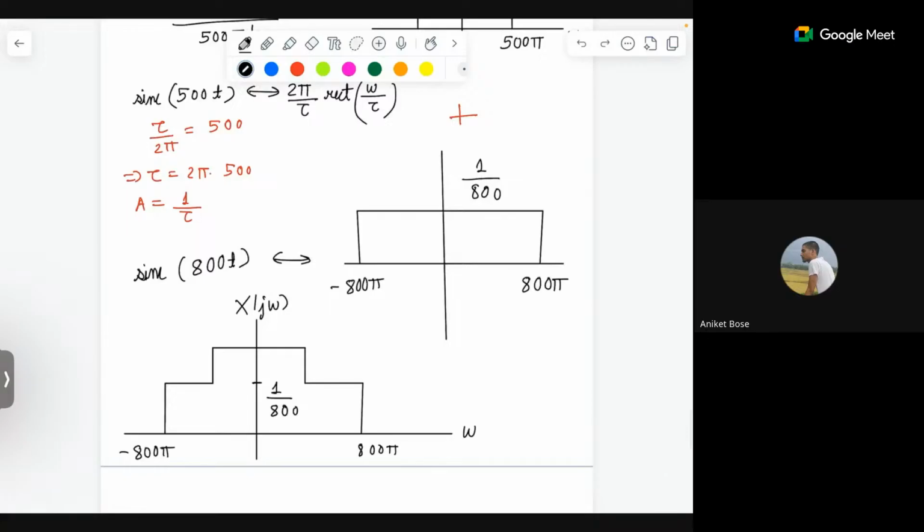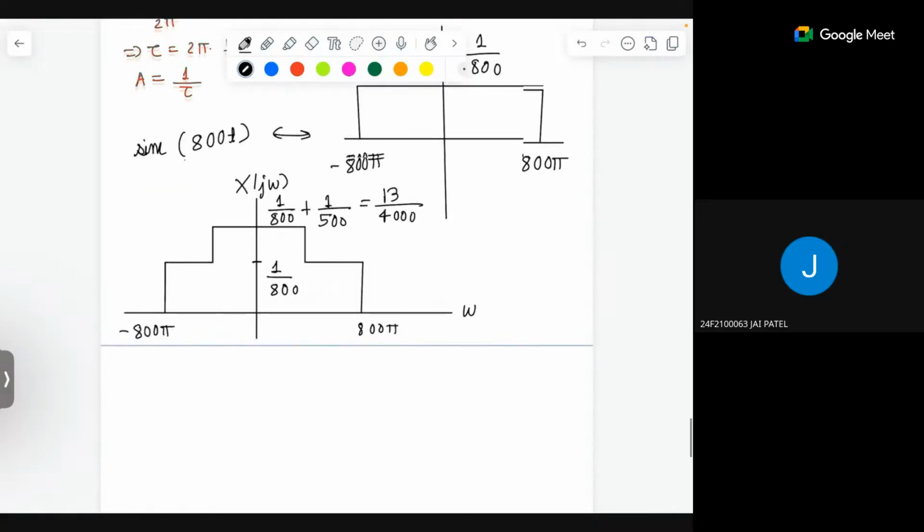This amplitude I'm talking about is 1 by 800 plus 1 by 500, and this will be 13 by 4000. Is this clear, the addition? Yes, ma'am. Sonali, Jay, Swastika, is it clear? Yes, ma'am.